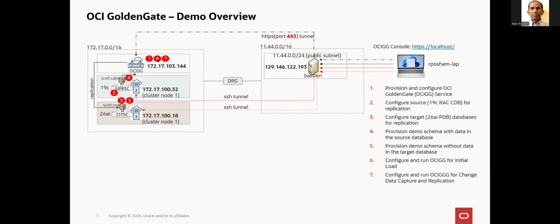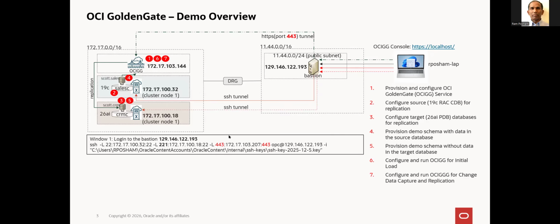So there are two things. Number six is essentially for the initial load, so you need to create an initial load replicate. Then after that, you need to create another replicate for change data capture. So at time t0, let's say you do the initial load, and after that, whatever changes happen, you need to replicate them to the target. So that's step number seven.